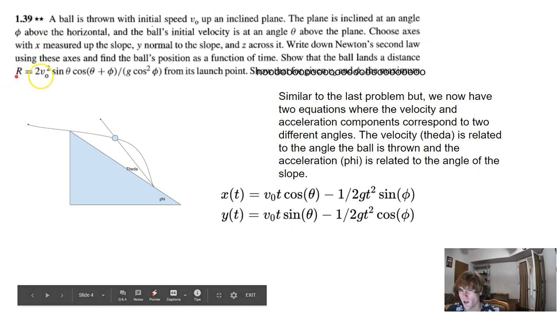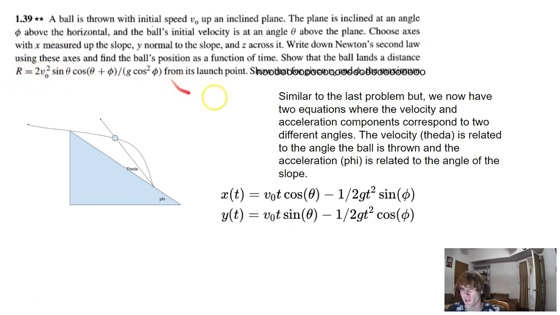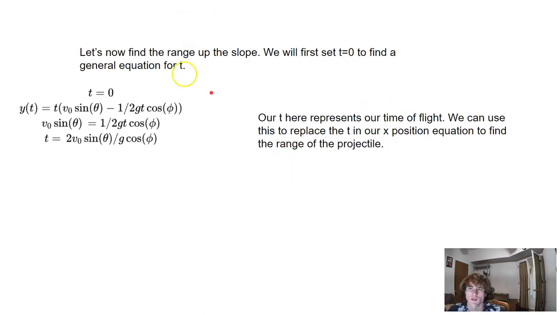Next we're going to get to this range part. First, we start by setting y equal to 0, and then I just took t out from the y equation from the last part of the problem.